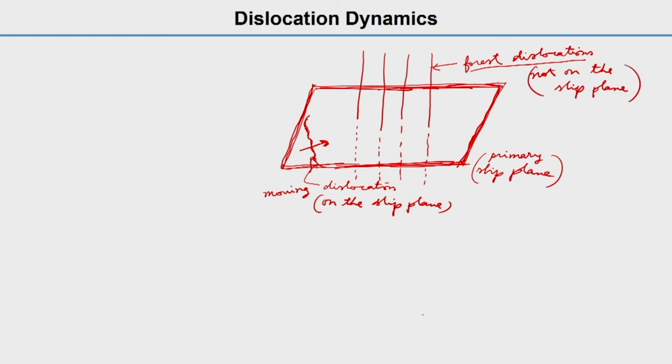So what will happen now? This dislocation will need to overcome these forest dislocations. So the forest dislocations are the barrier or obstacle for the moving dislocation, barrier for moving dislocation.